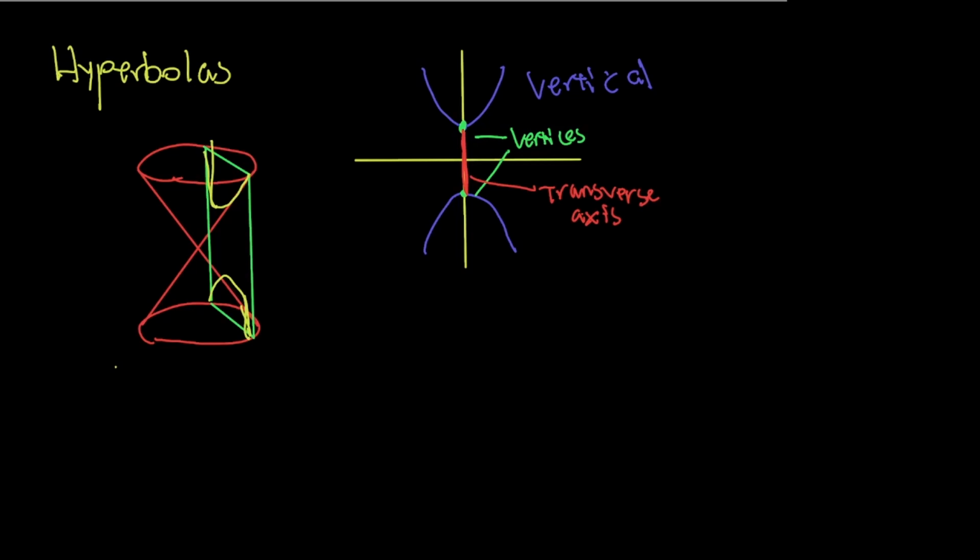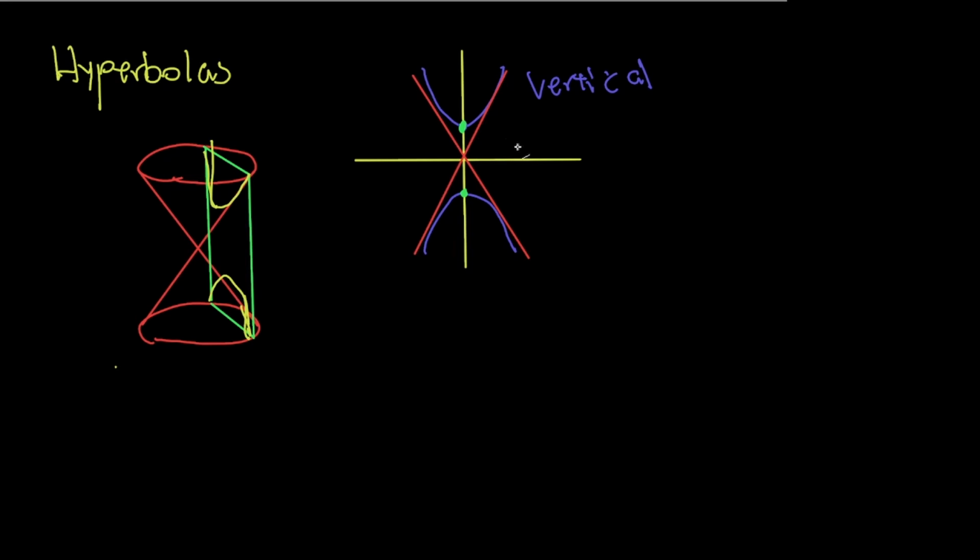Okay, the next part of the hyperbola are the asymptotes. The asymptotes are the 2 lines that the hyperbola will infinitely approach but never touch. It would look something like this here and this here.